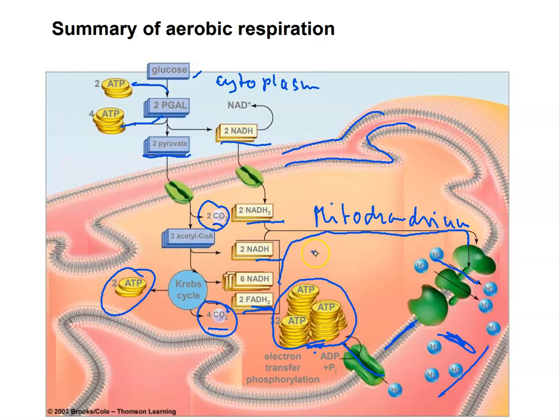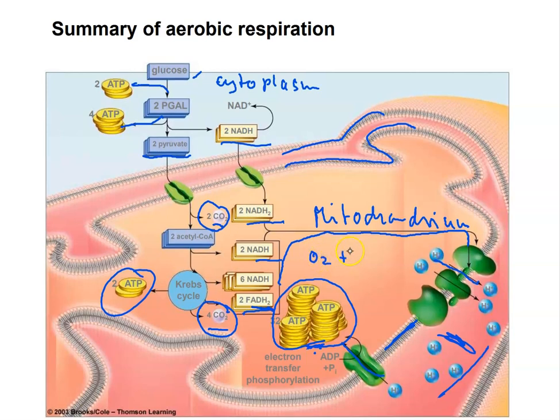We need O2 plus 4 H pluses plus 4 E minuses, the electrons, and we're going to form out of that 2 H2O, and that's why you need to breathe. So it is important to understand this. The four low energy hydrogen ions plus the 4 electrons, also low energy, they must bind to oxygen, and if you don't have oxygen, the whole thing will stop right here.